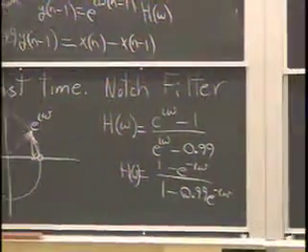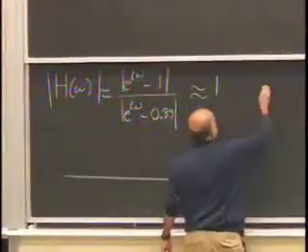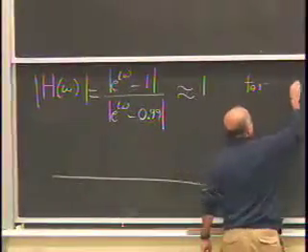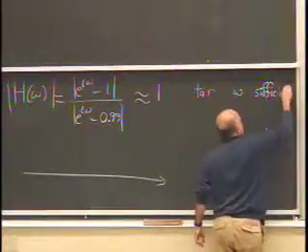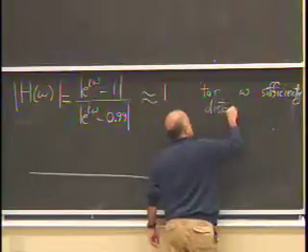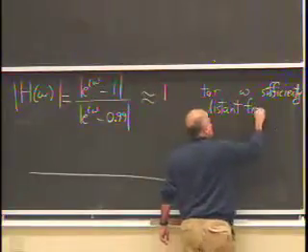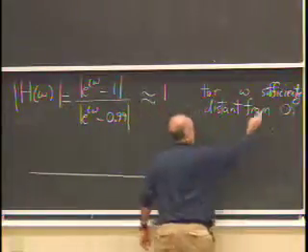So let's plot. So approximately equal to 1, for omega sufficiently distant from omega equals 0.